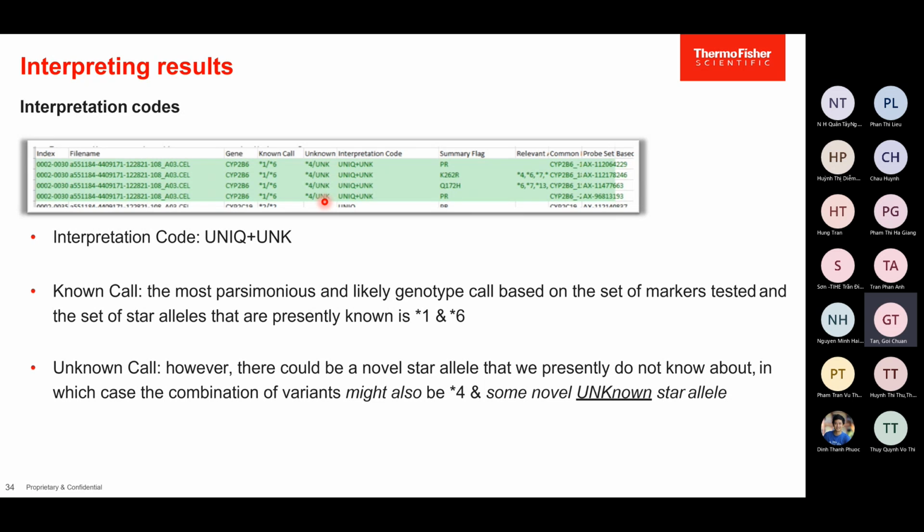You will know that in Vietnamese *1, *6 is very common. If yes, the chances are that usually it is *1, *6 instead of *4 unknown, because these chances are extremely low. But they will just let you know that it is possible that it's a novel allele. It's just that the chance might be 0.00 something % that it is this combination instead of *1, *6.